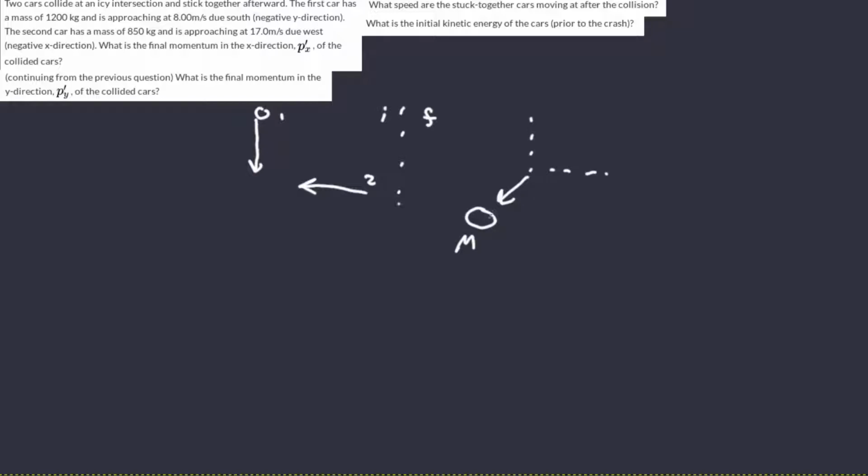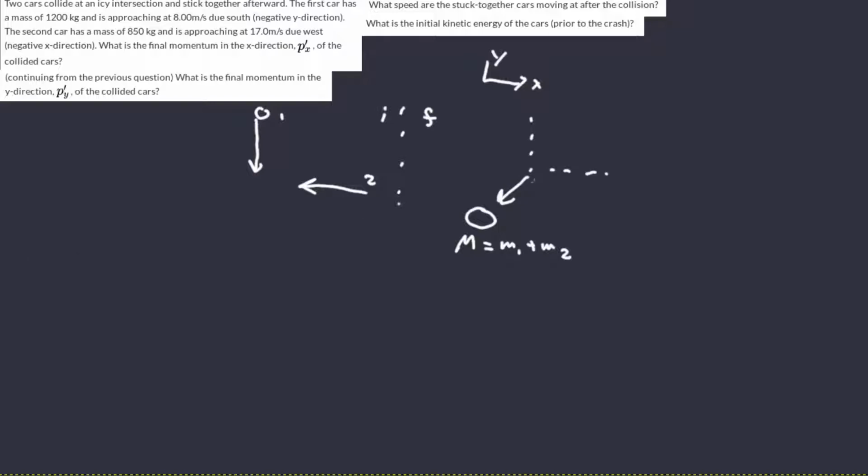And we treat them as a single mass here, capital M, by adding the masses of the two cars together, because we're told in the problem that the cars stick together after they collide. So this momentum is not along either our x or our y directions here. So we need to find the total magnitude of this momentum, keeping in mind that it's diagonal and not fully aligned on the x or the y axis.